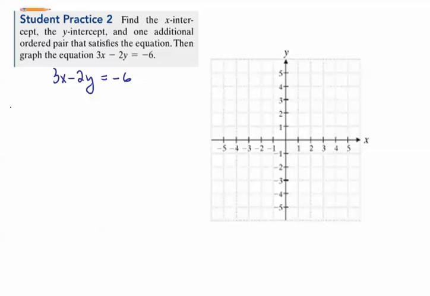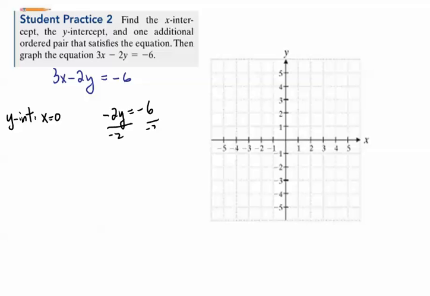If we want the y-intercept, remember that at the y-intercept, x is always equal to 0. When we set x equal to 0, the term 3x becomes 0, and we end up with -2y equals -6.